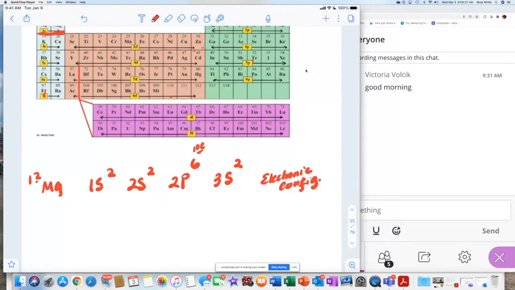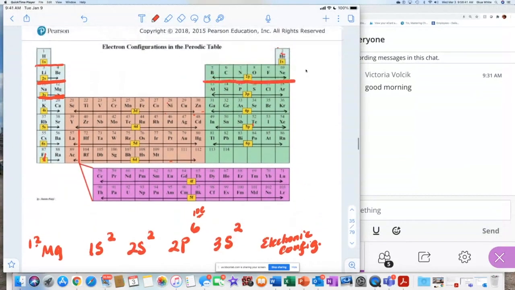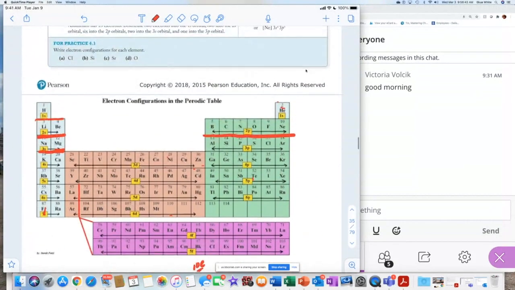Since I worked on this on Monday, I want to work on it again today: the shorthand configuration. This is a quick review of the shorthand. You have to have the noble gas element, or group 8 element.